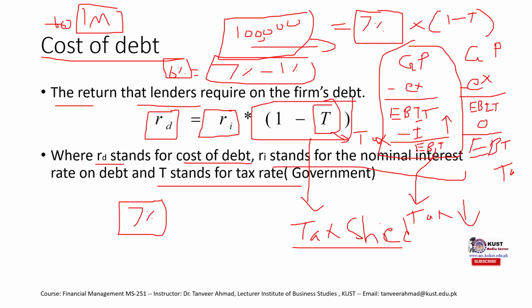But by paying this interest, we are saving our tax. So we need to deduct that saving from this cost. Let's say that saving of tax is 1%. So actually we are paying 6% cost of debt on our borrowing. The effective rate is 6%.